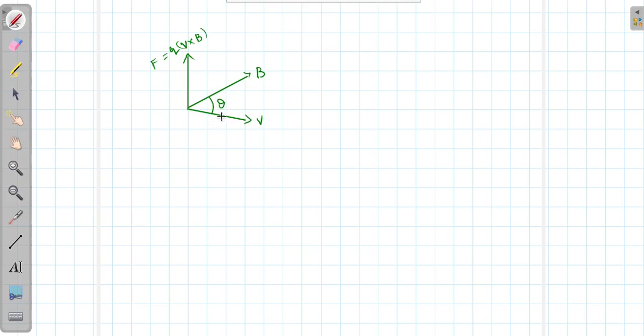The same rule you might have studied in your mathematics class. You remember the vector cross product rule. Suppose you take A cross B, in a plane. Suppose this is a plane containing the two vectors.